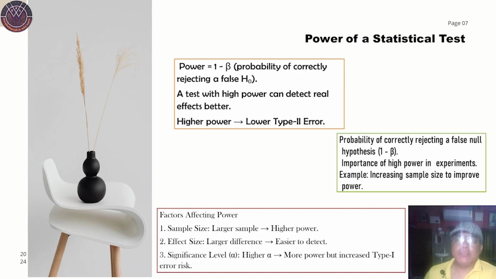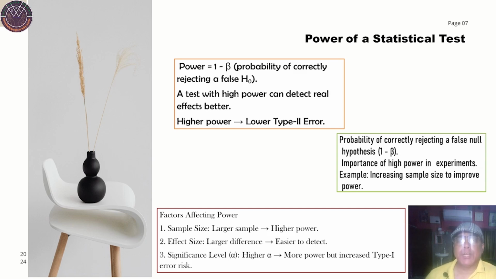Whenever you are conducting a test, such as a t test, f test, or any other statistical test, or any particular technique or device you are using, the power of that test and device should be such that if there is an effect, a difference, or a correlation in reality, it should not be missed. That means you must not commit type 2 error. Committing type 2 error means you are failing to detect the effect or the relationship.